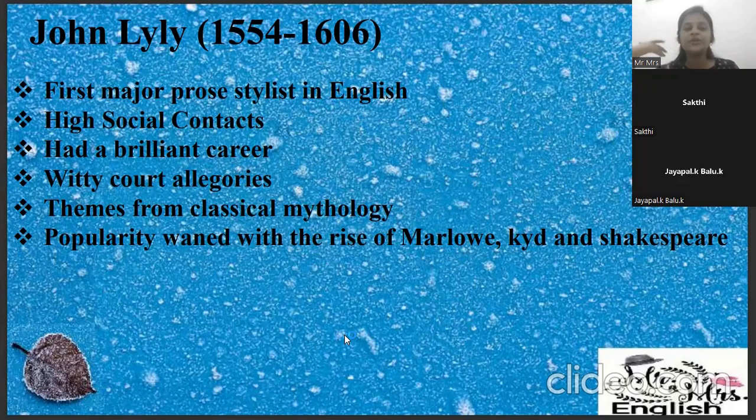Among the university wits, Robert Greene was the most ambitious one. Of course, all of them were like that, but still, he was longing for popularity. But such popularity was not there for Robert Greene anyway, whereas for Lilly it was. Robert Greene, hope you remember, is the person who condemned Shakespeare in one of his very popular works.